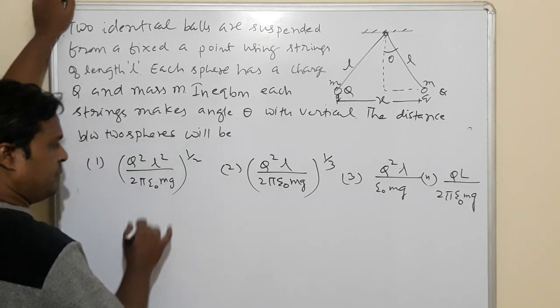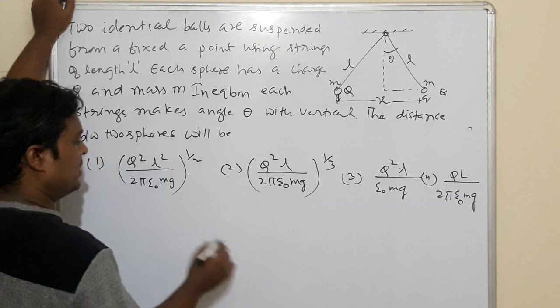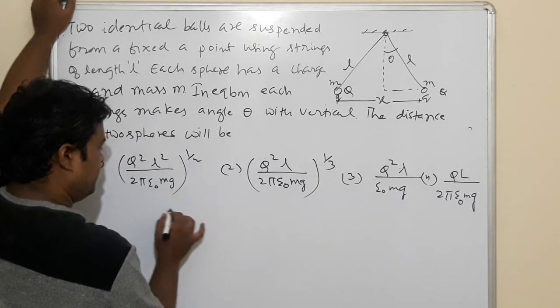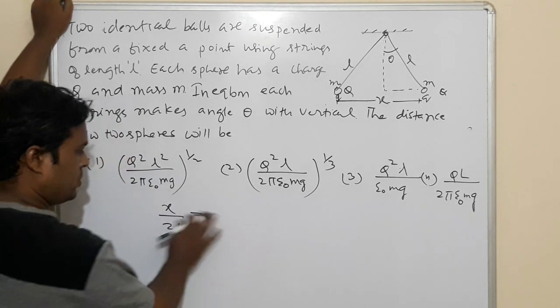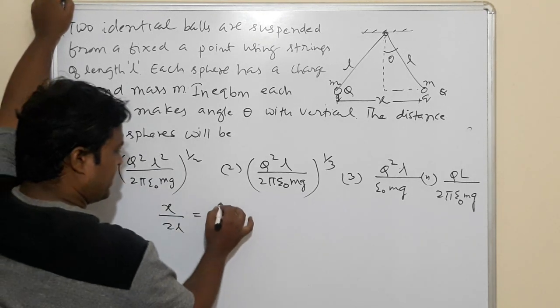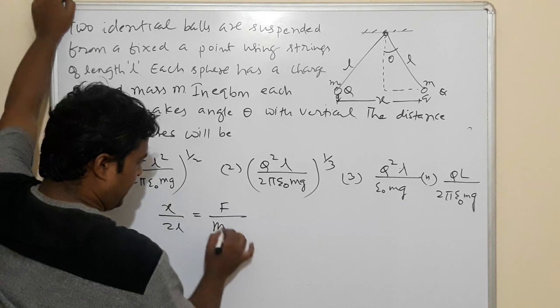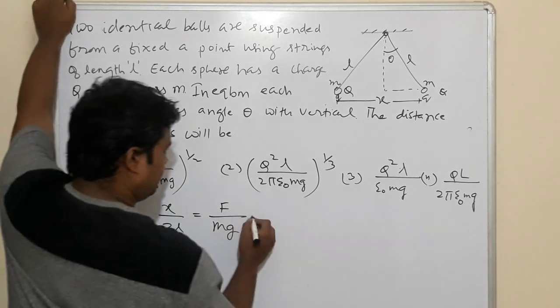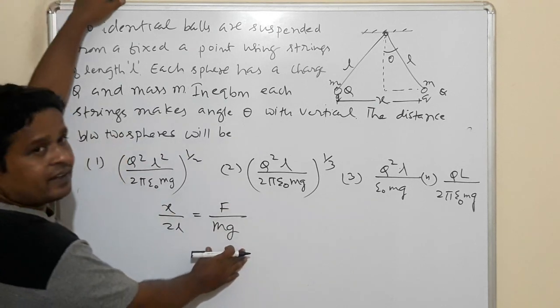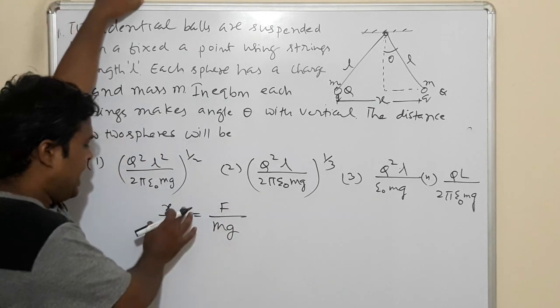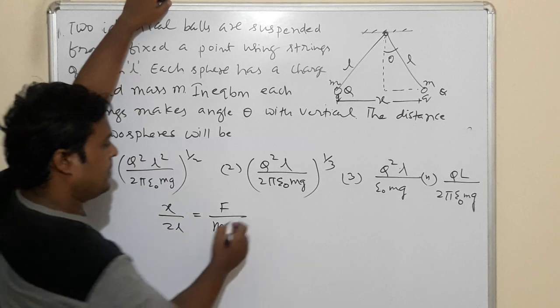To find the distance, see, tan theta we calculated is x by 2l, and it is also f by mg. These both will be equal, because tan theta is equal to f by mg is there in the beginning, and tan theta is equal to x by 2l is there.